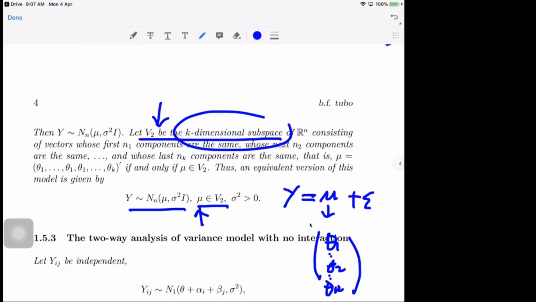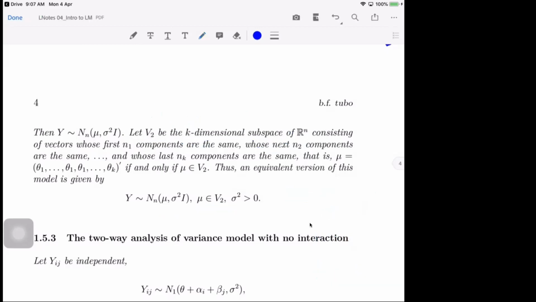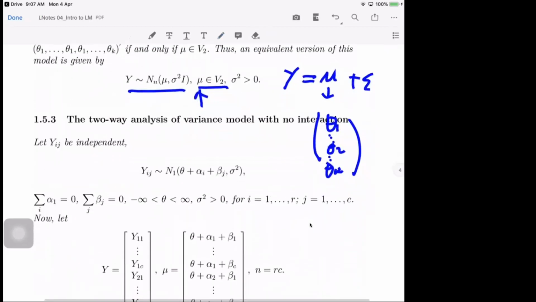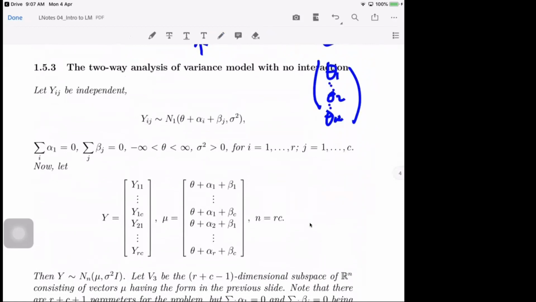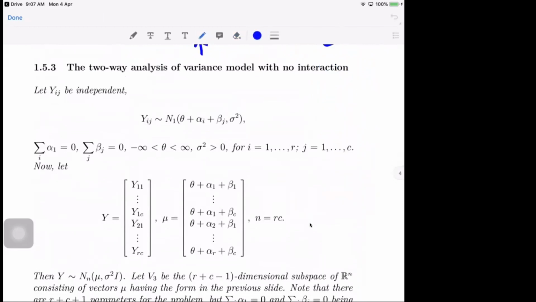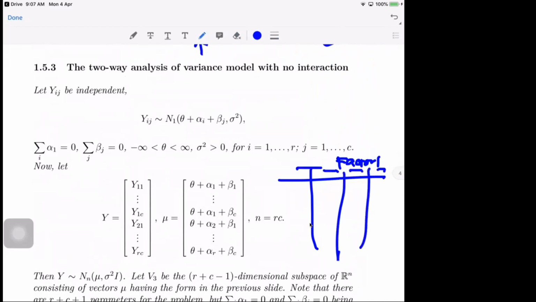Next is two-way analysis of variance with no interaction. So the data layout usually looks like this. You have factor 1 here, where your factor can have some levels there.